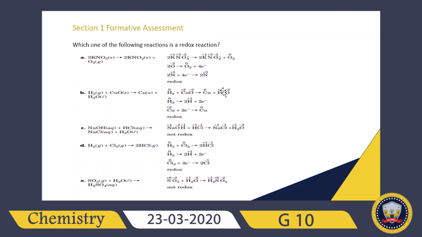What about the water molecule? For hydrogen, it will be positive 1, and for oxygen minus 2. And here we can notice that there was a reduction in the oxidation number of the copper atom. That's why this reaction is also considered to be a redox reaction.